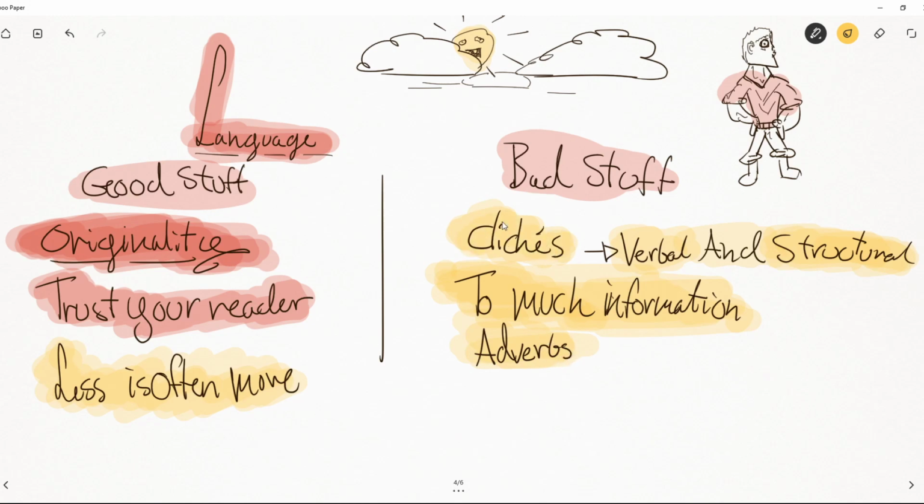It's often unnecessary to use the adverb, and it looks kind of silly. If you use a lot of adverbs, you are kind of implying that you do not trust your reader, because you are overstating everything and explaining it in a ridiculous way, and you see it if you read it out loud. So do not do that.